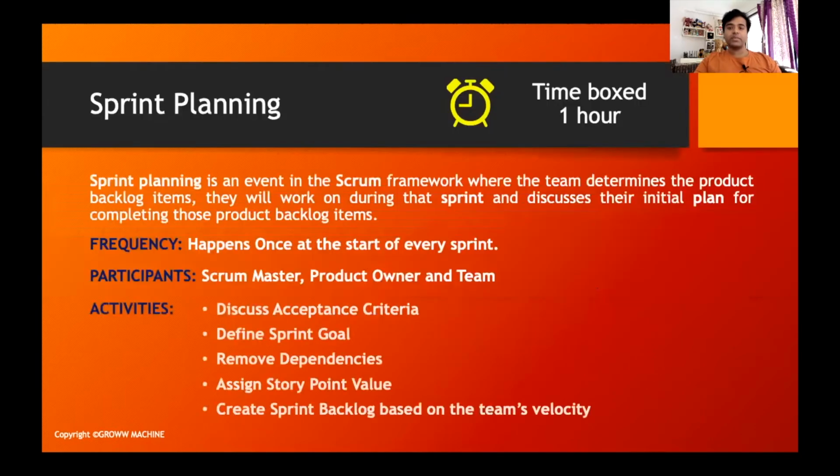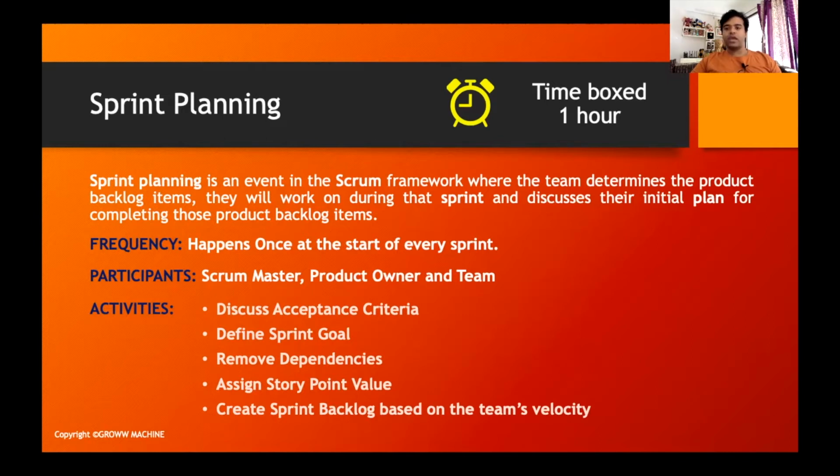The first ceremony that we are going to discuss is sprint planning. Sprint planning is the first of the four ceremonies that we are going to discuss today. It's a time boxed ceremony. Basically, it is ensured that the planning is done within a span of 1 hour. It's an event which happens when our sprint starts.